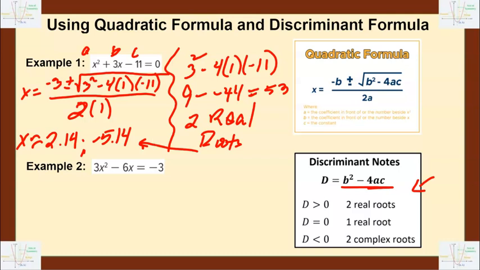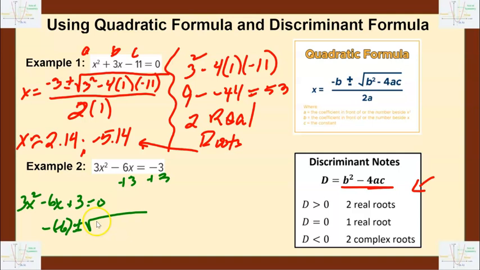Example 2. I want to make this in standard form, so I'm going to add 3 to both sides. And now I have 3x squared minus 6x plus 3 equals 0. And now I'm going to put those into our formula here. And I have the opposite of b, so the opposite of negative 6 plus or minus the square root of b squared.